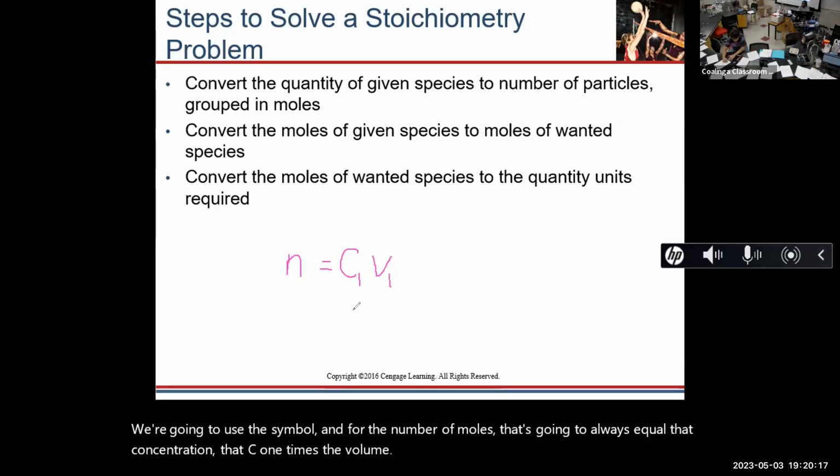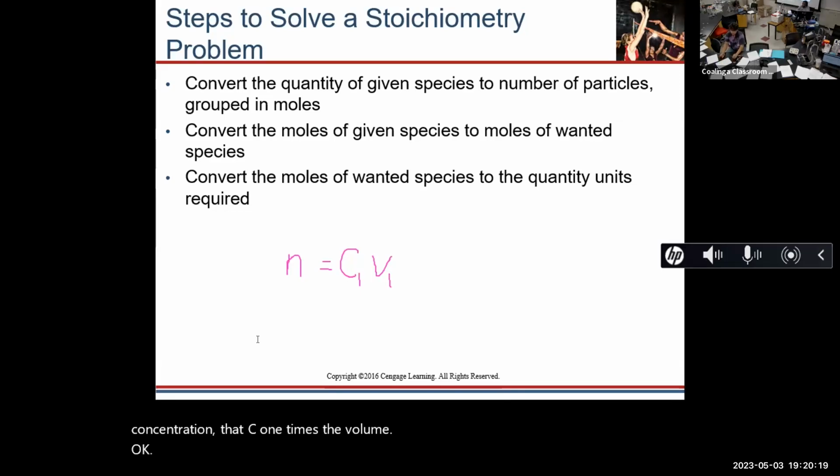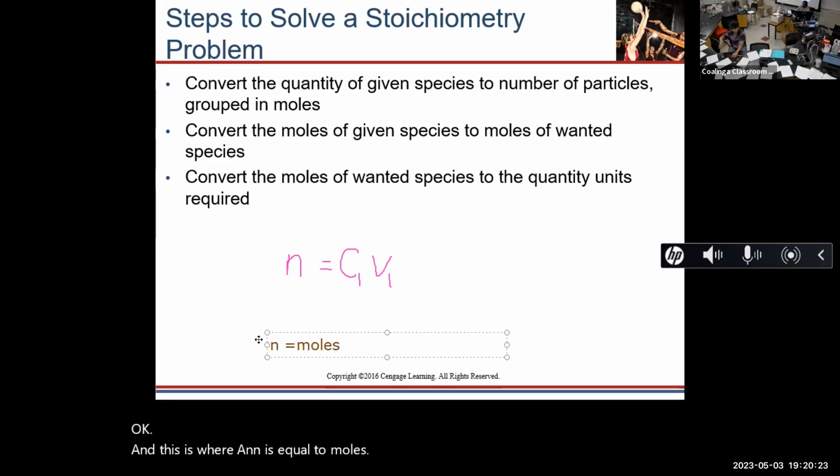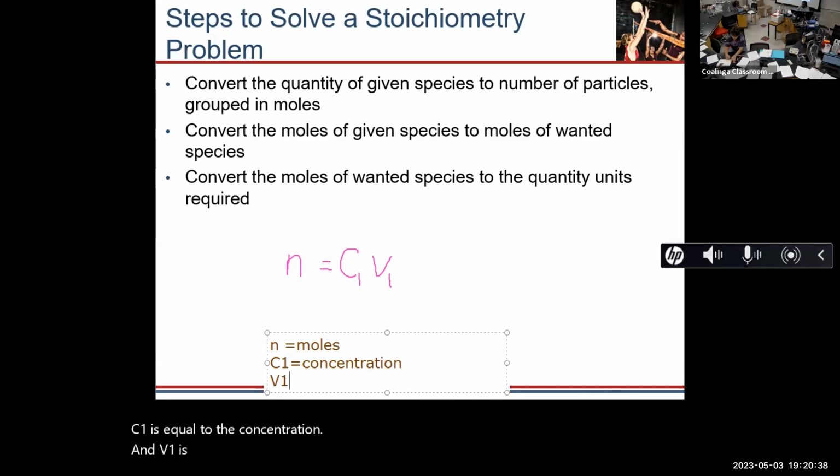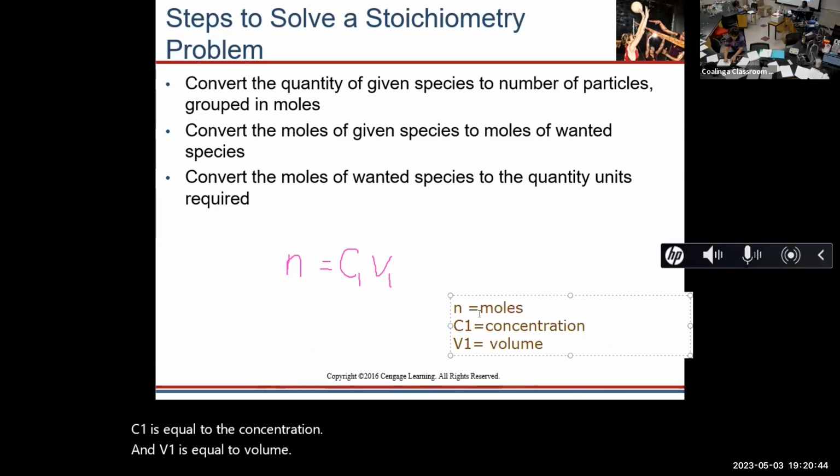Okay. This is where N is equal to moles. C1 is equal to the concentration. And V1 is equal to volume. Okay.